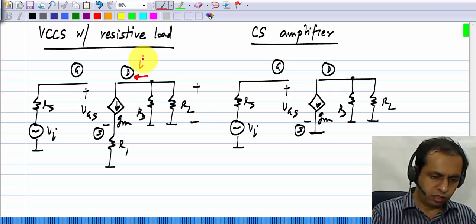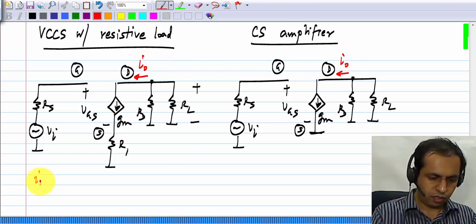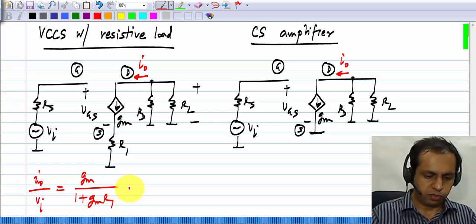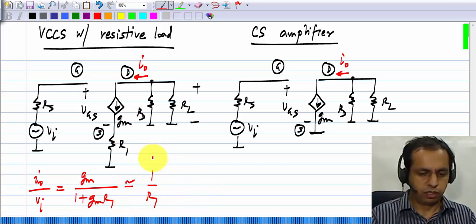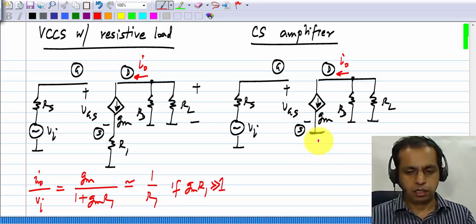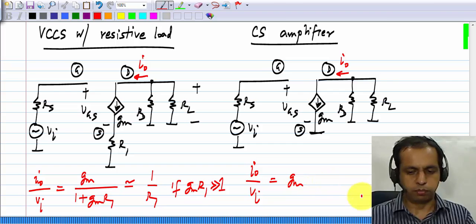So if I call this I0 here and there, I0 by Vi here is Gm by 1 plus Gm R1, which approximates 1 by R1 if Gm R1 is much more than 1, and in this case I0 by Vi equals Gm.